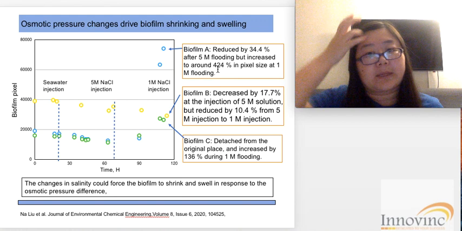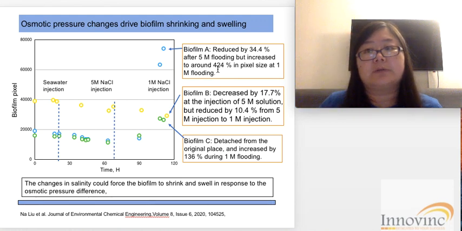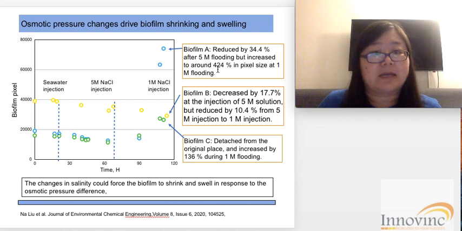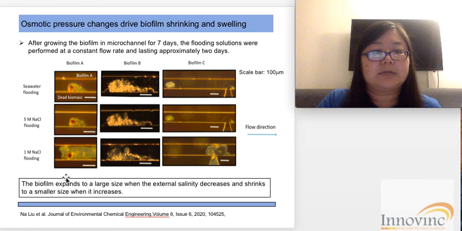But by our calculation, around 63% of the increase is because of the resettlement of other biofilms, because biofilm A is located downstream in the microchannel.